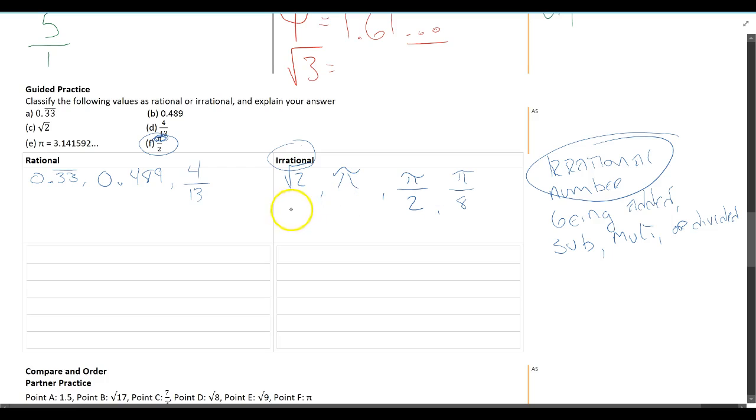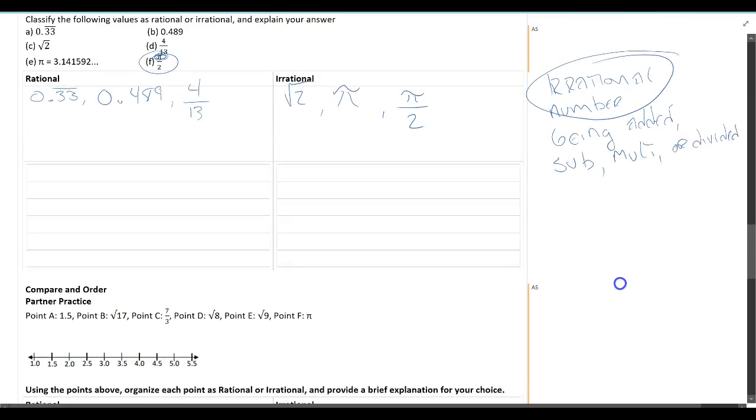That is also irrational. Pi times 2. That is also irrational because I am multiplying, dividing, adding, or subtracting by an irrational number. Now, those were just examples. Don't worry about those.